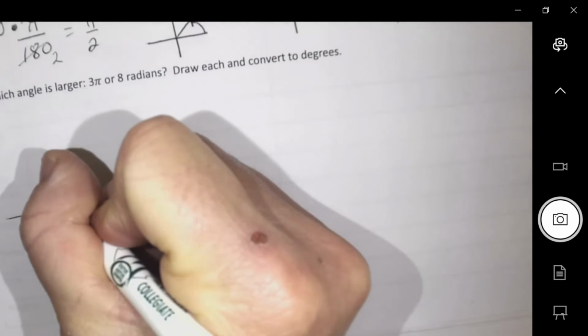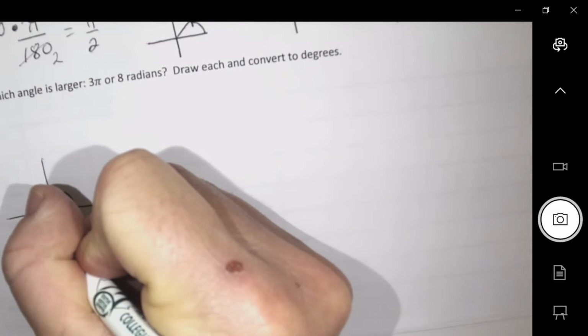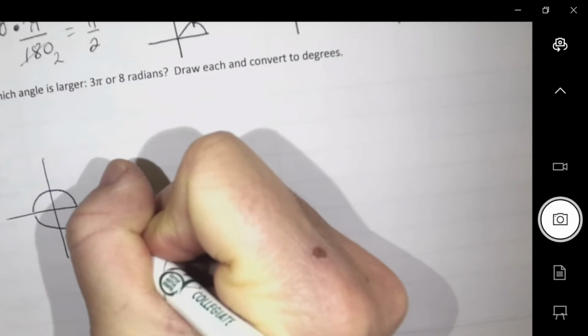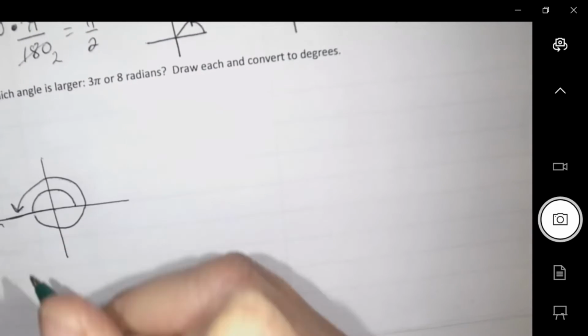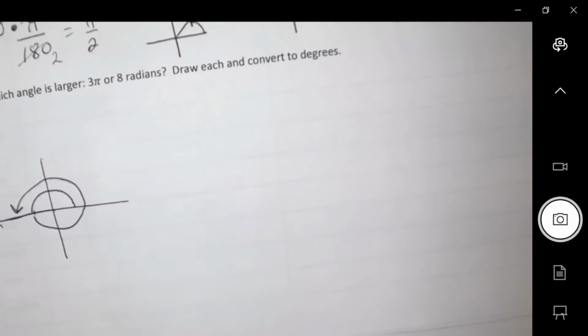So again, how much is a pi exactly equal to? 1 pi is what? 180, right? So how do you travel 180, another 180, and another 180? Can you think about doing that? So this person will have to travel 180, 1, 2 pi's, 3 pi's. That's how much spinning they would do.